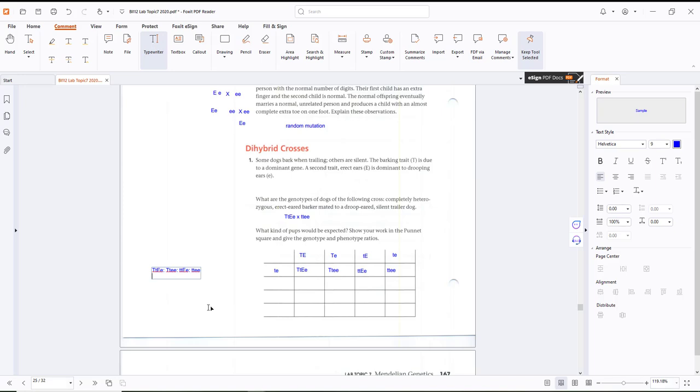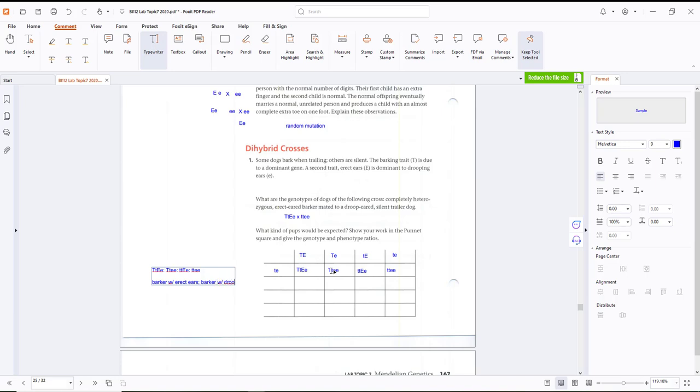If I look at the phenotypes, what do I have? This first one, what is it? Big T, big E, little e. That means it's a barker. And then what does the big E mean? So that's a barker with erect ears. And then this guy, he's a barker but he has drooping ears.